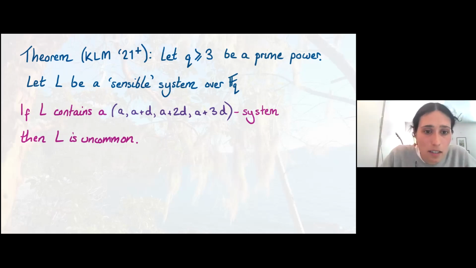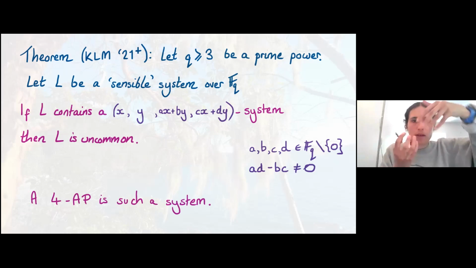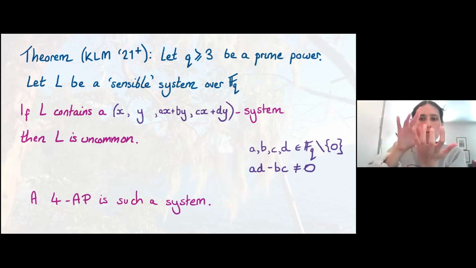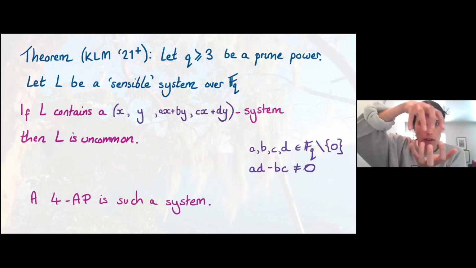But in fact, the proof goes through to show that if L contains any system where you've got 4 coordinates parameterized in this way, then it's uncommon. So somehow this is actually incredibly general. We've got these 4 variables. So imagine just making 2 equations on 4 variables, and you're picking your coefficients.